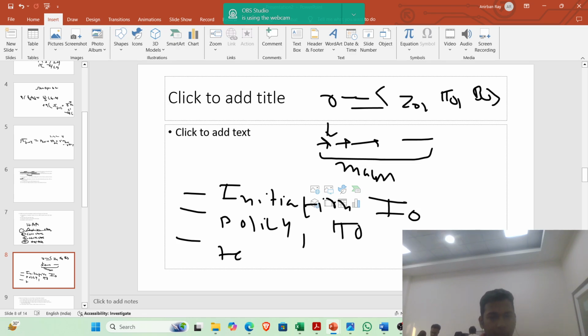Then there is the termination condition, beta 0. This is denoted by 0 or 1, hence yes or no: does this terminate or not?